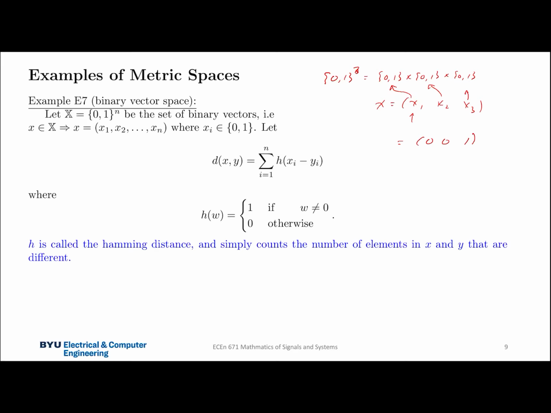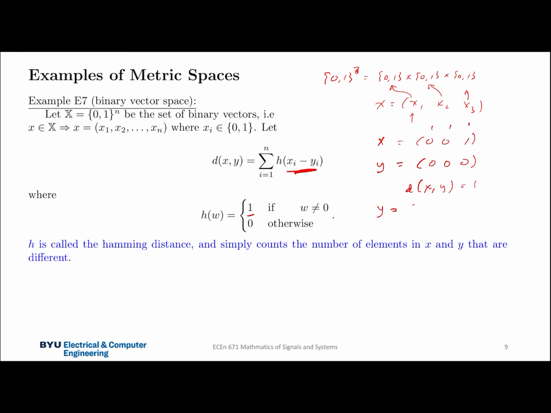Now, the metric that we can use is something called the Hamming distance. So the metric, we're going to sum over every element. So we'll go 1, 2, 3. And if the elements are the same, we don't add to the sum. If they're different, we go ahead and add 1. So for example, if X was (0, 0, 1) and Y was (0, 0, 0), then the distance between X and Y would be the number of elements that are different, which would be 1.